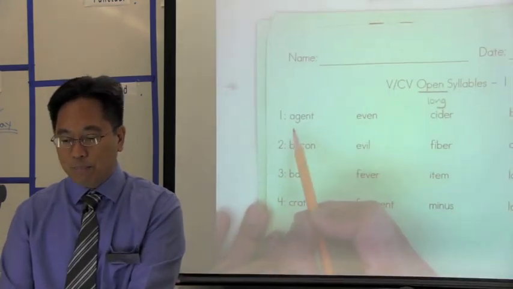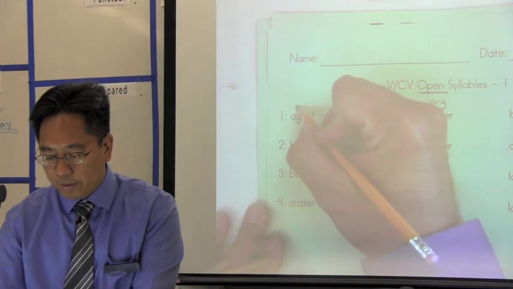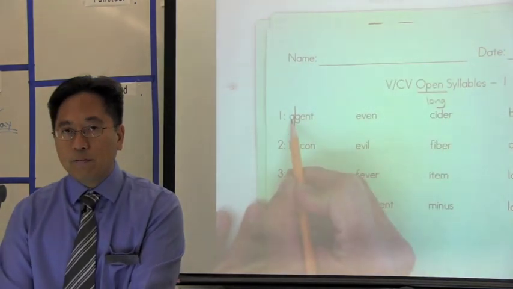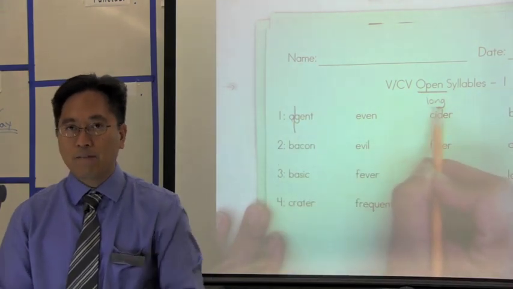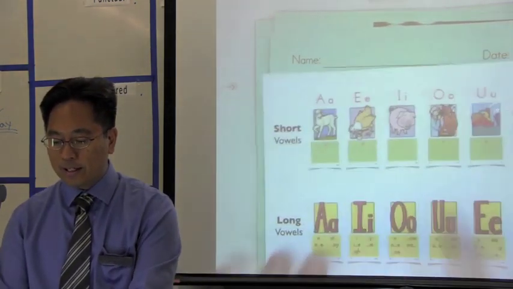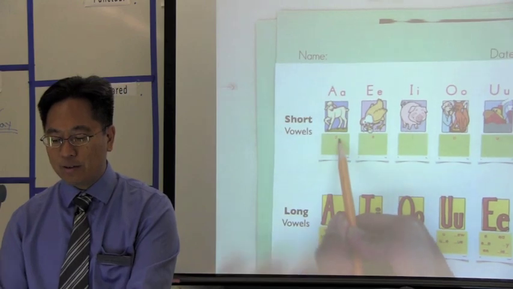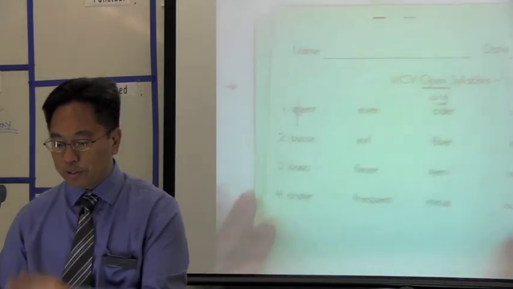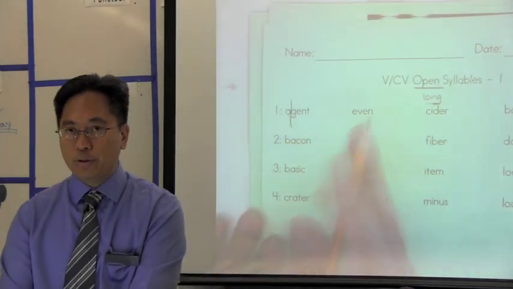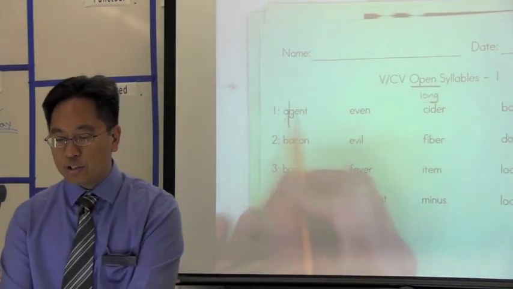So in this first example, the syllable boundary is right here. That's a single vowel. It ends with a vowel, so it's going to give you a long vowel sound. It's not going to give you a short A sound. It's going to give you a long A sound. So this word here, if we were to do this, it would be agent.